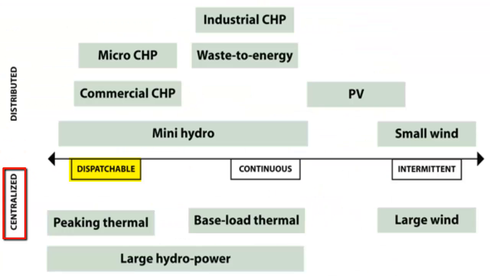Dispatchable generation refers to sources of electricity that can be dispatched at the request of the power grid operator, that is, generating plants that can be turned on and off or can adjust their power output on demand.